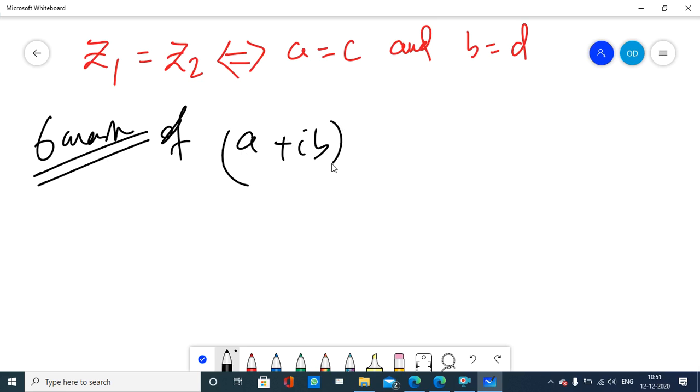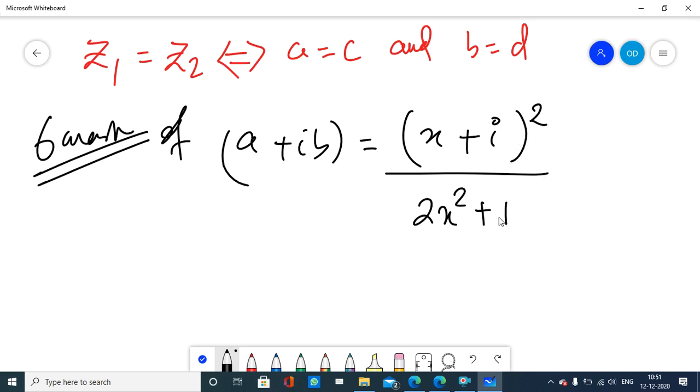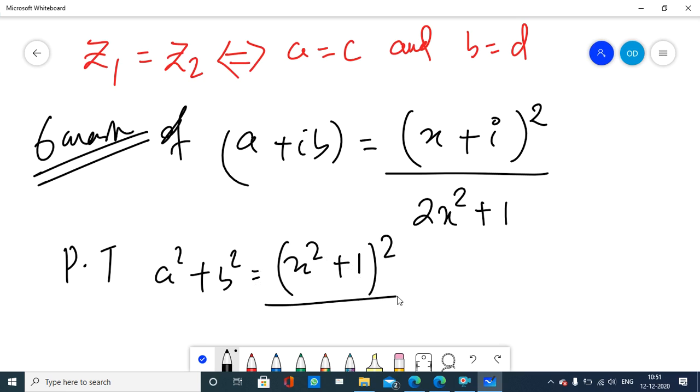If a plus ib is equal to (x plus i) whole squared divided by 2x squared plus 1, then prove that a squared plus b squared is equal to (x squared plus 1) whole squared divided by (2x squared plus 1) whole squared.